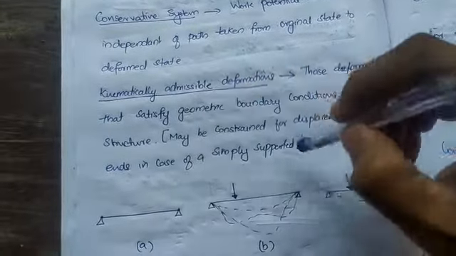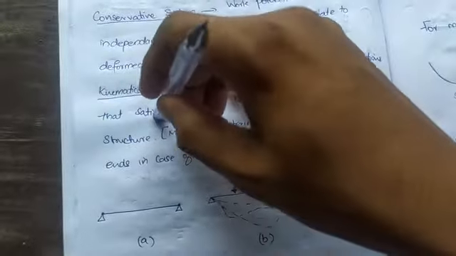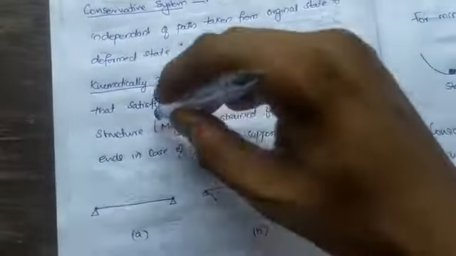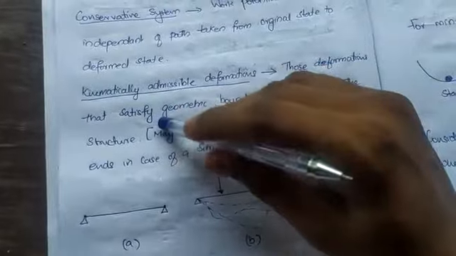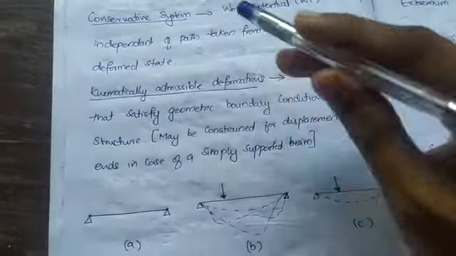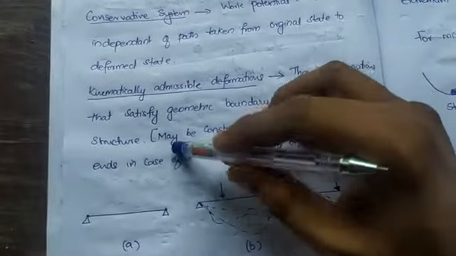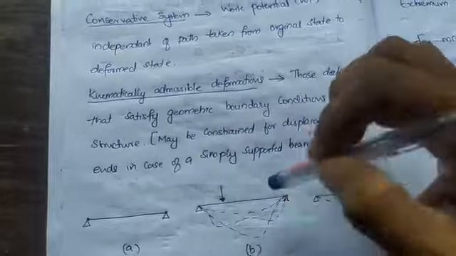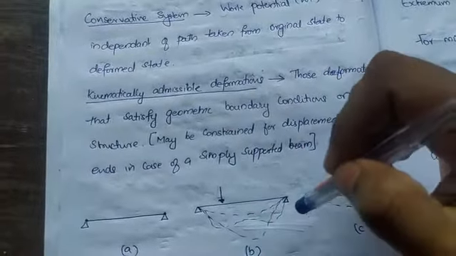Conservative system means if an object is moving from this point to this point, it can move in many directions, but for a conservative system it only depends on the initial and final positions. Only those points they will consider.